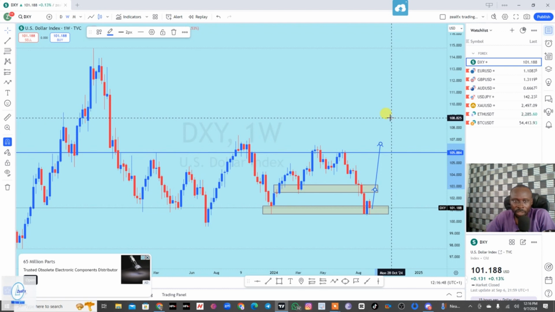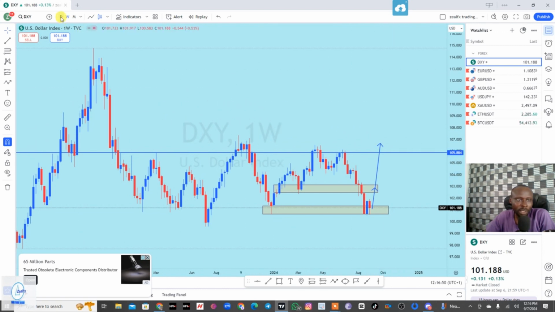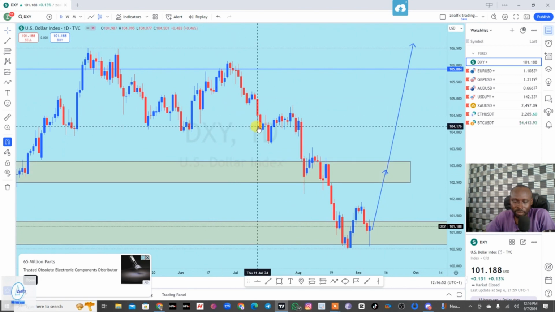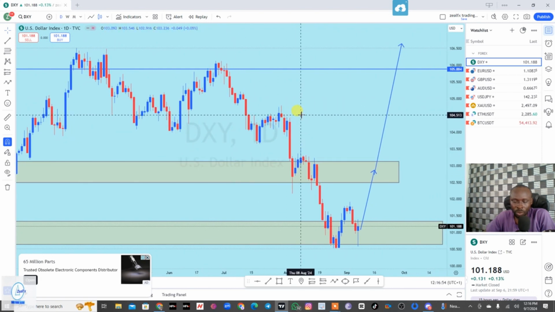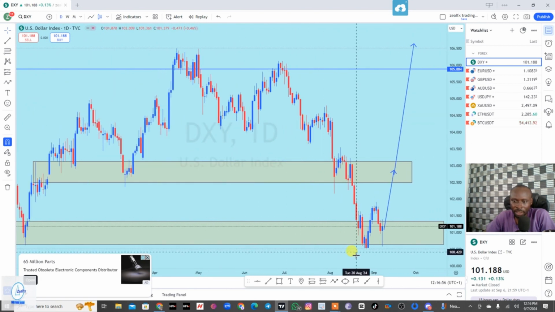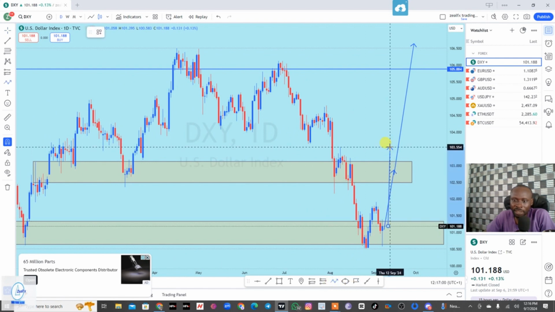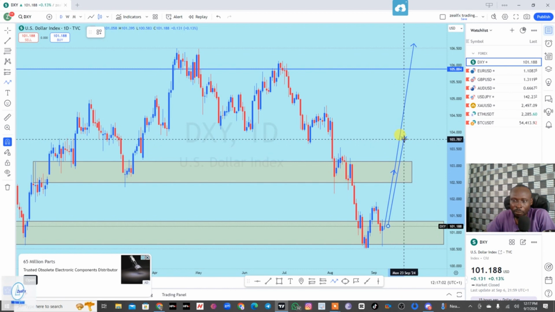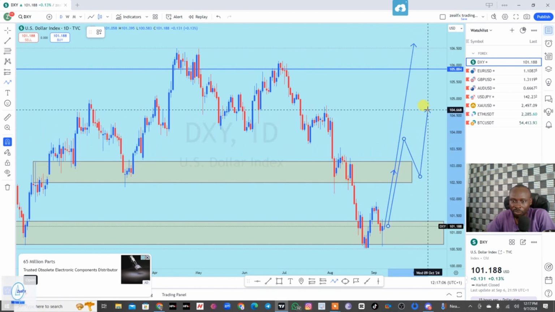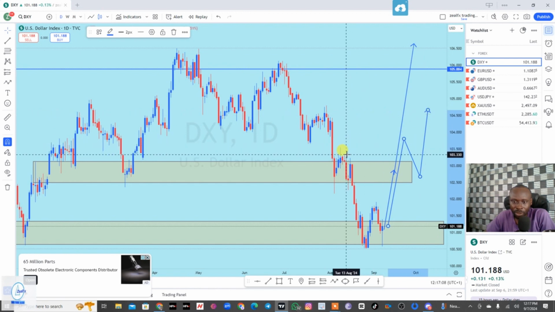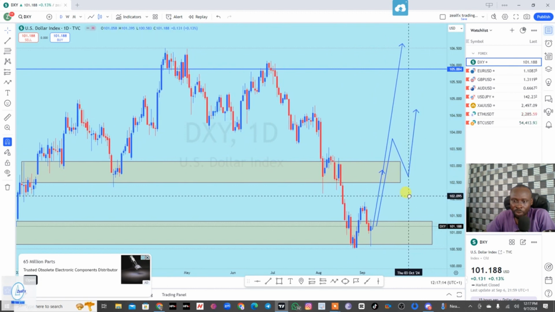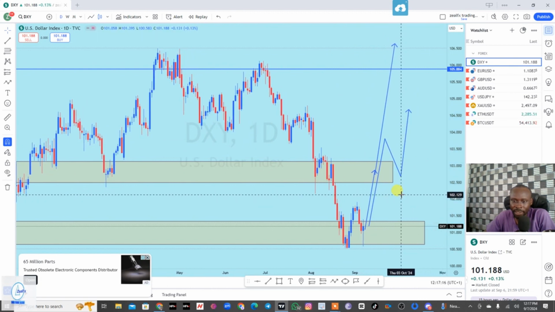So let's go back to our daily chart. On the daily chart, if price breaks and closes above this area, we expect a pullback for the dollar index to continue to move to this level, because once price closes above this level, it shows that we are expecting a full bullish uptrend for the dollar index.